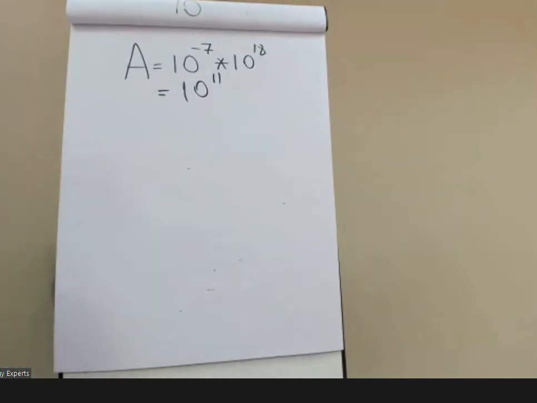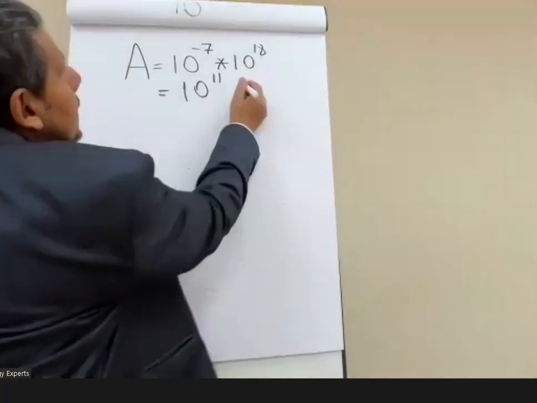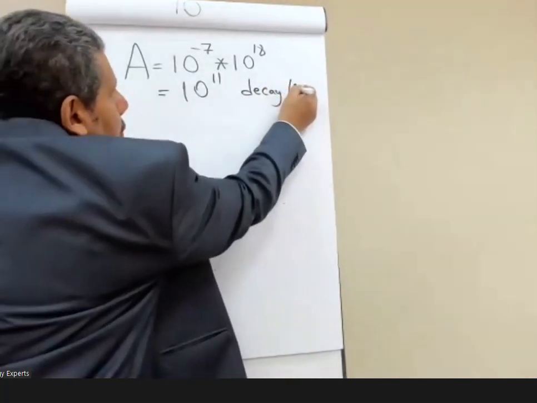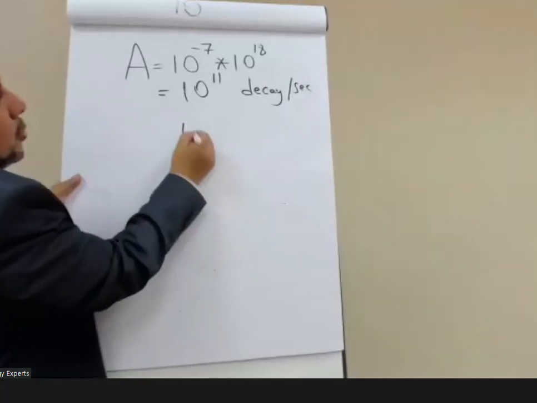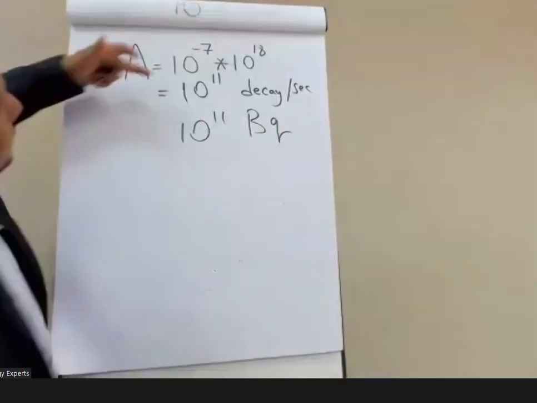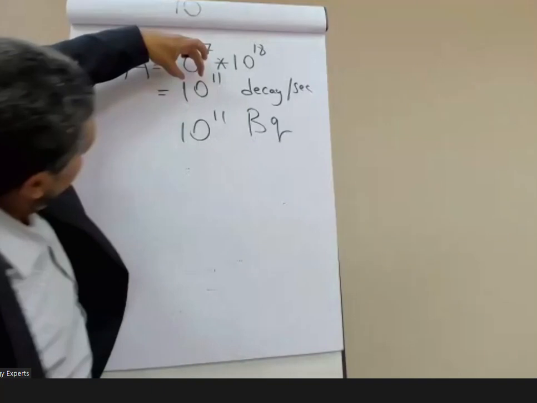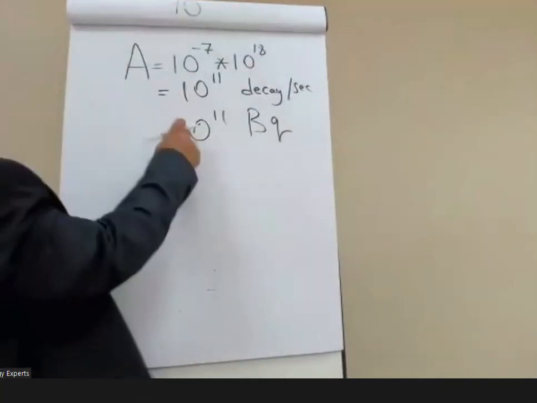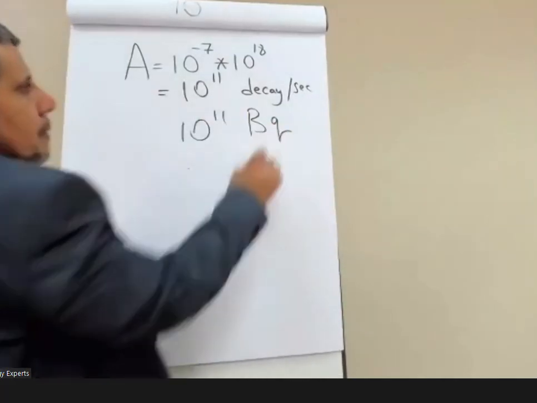What is the unit here? Correct, becquerel. This is decay per second, which is becquerel. So it is 10 to the power 11 becquerel. This is 10 to the power 11 atoms decaying each second.